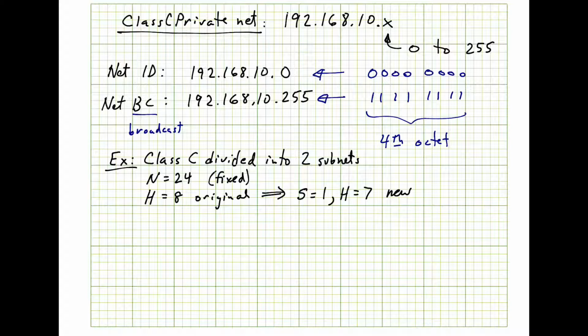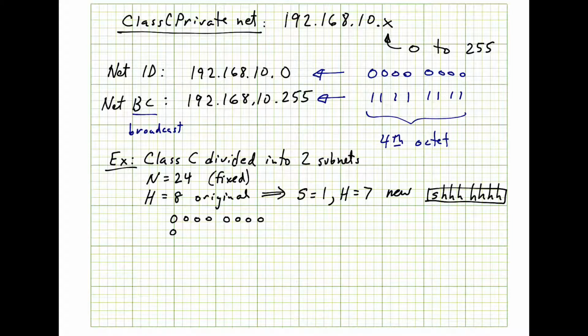Okay, and so our last octet is going to look like this. It's going to have 1 subnet bit and 7 host bits. Okay, and so what's going to happen as our last octet ranges from all zeros to all ones, the first half of them, let's start at all zeros.